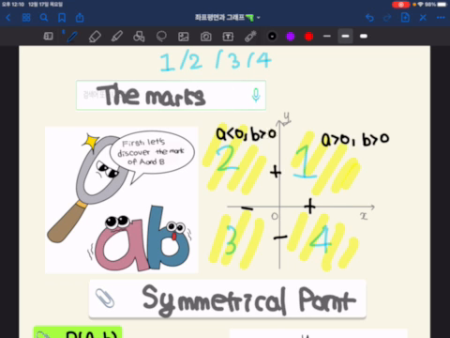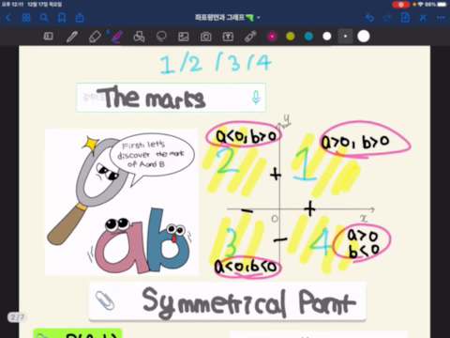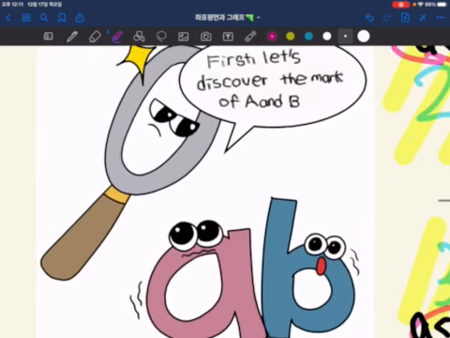In the third quadrant, a and b might both be smaller than 0. And here, b might only be smaller than 0. So each quadrant has these kinds of relations in the graph. So we have discovered the signs of a and b.